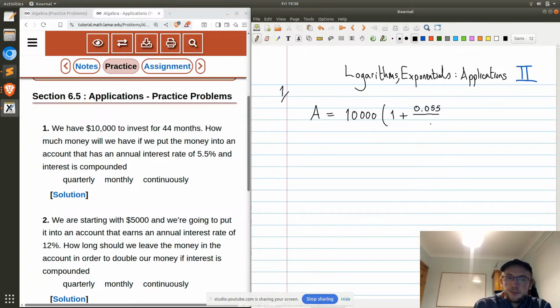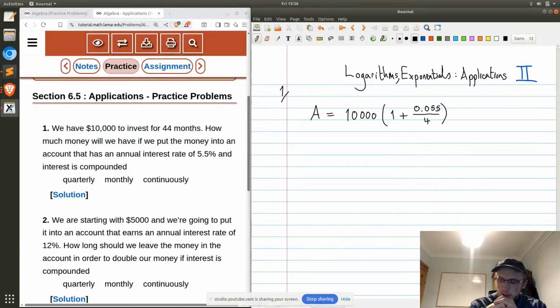And it's quarterly, so that means 4 times in a year. And then like the amount of years multiplied by the amount of quarters, right?